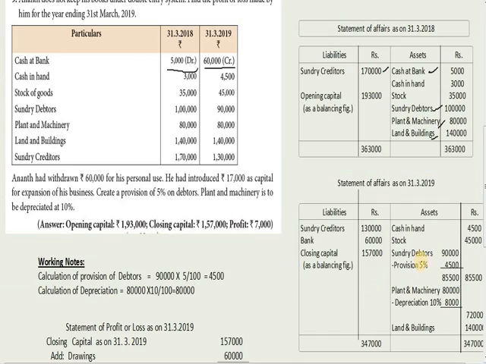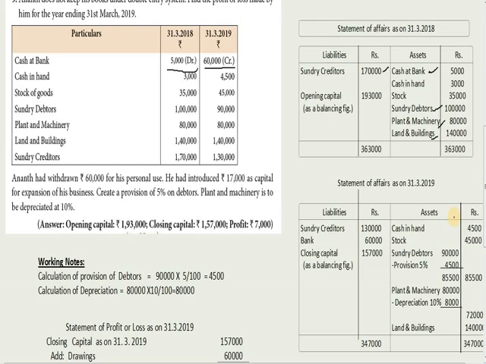In the sundry debtors, we have to deduct the provision created, because this provision is created only for doubtful debts. So we need not show the doubtful debts as sundry debtors on the asset side. So we have to deduct the 5% provision there. And after deducting that, we are getting the closing sundry debtors.